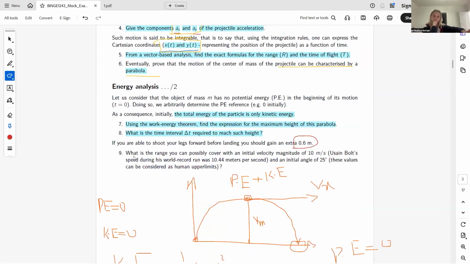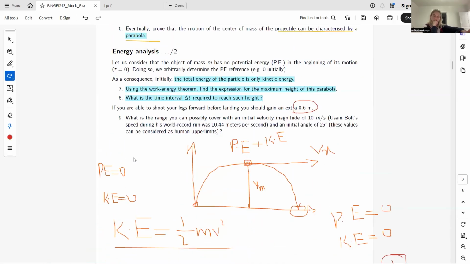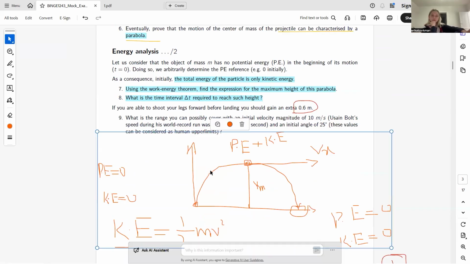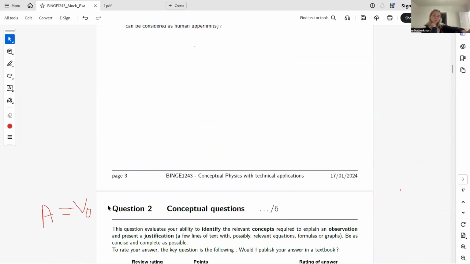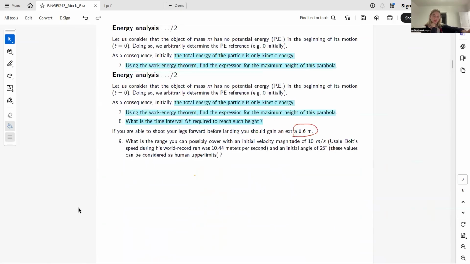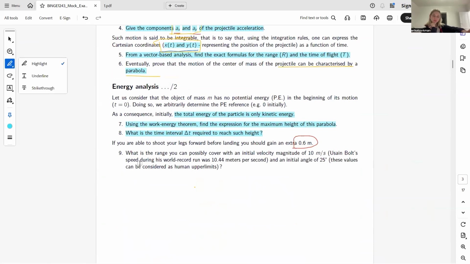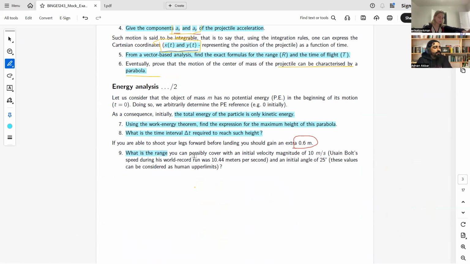Now we need to solve a problem here. In this problem, what is the range? We have to calculate the range.